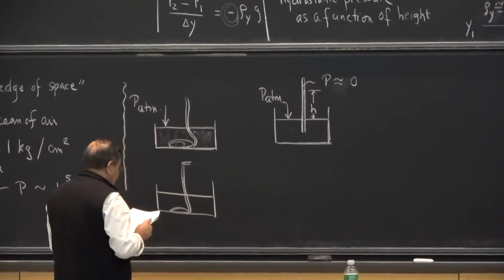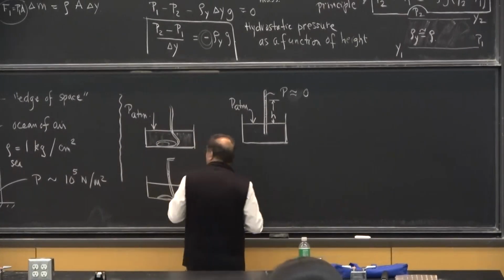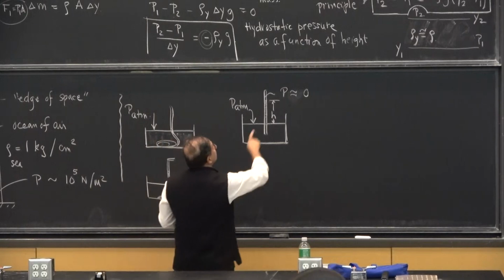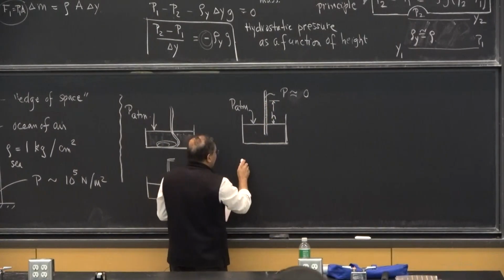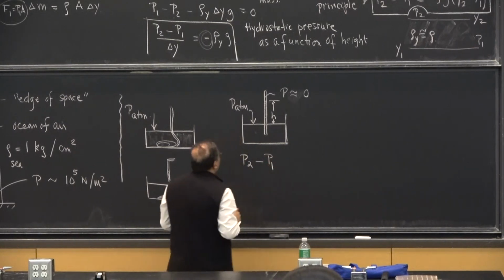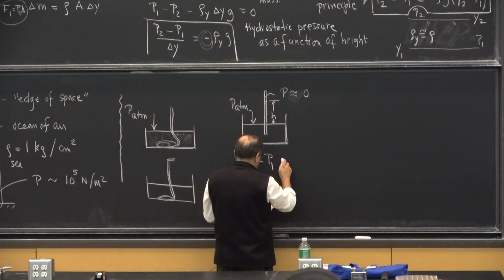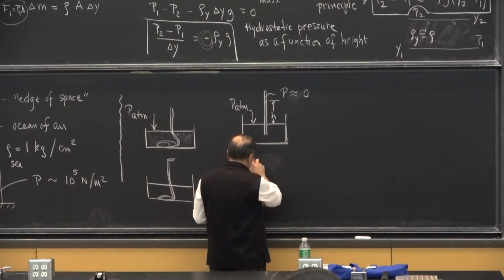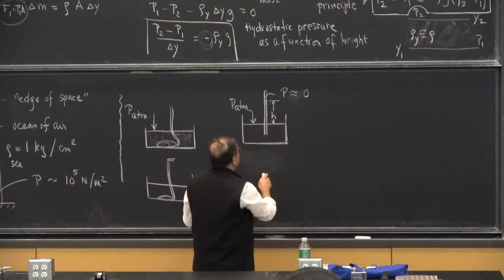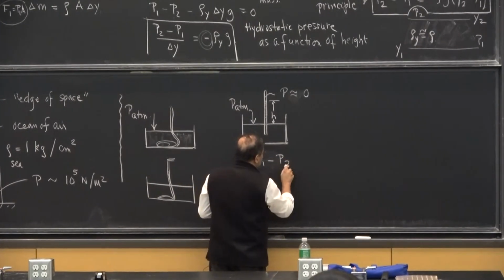All right. So now you see that we actually can go back to our Pascal's principle here, and we can write P1 minus P2, and the minus sign goes away.